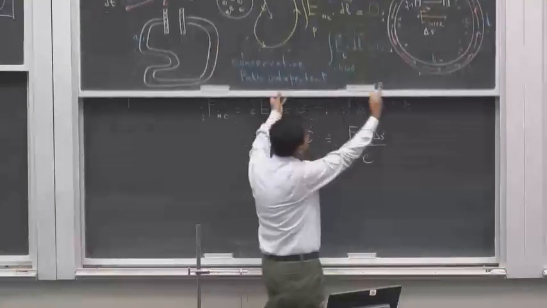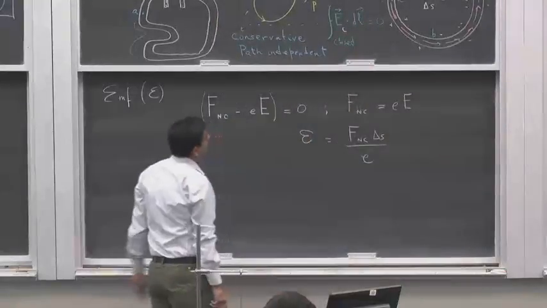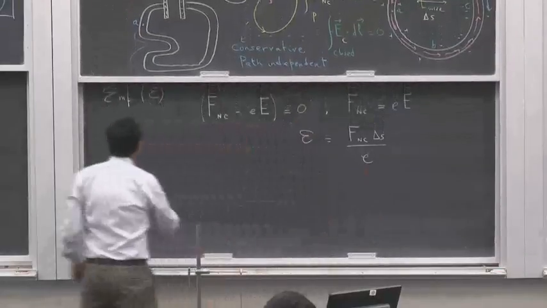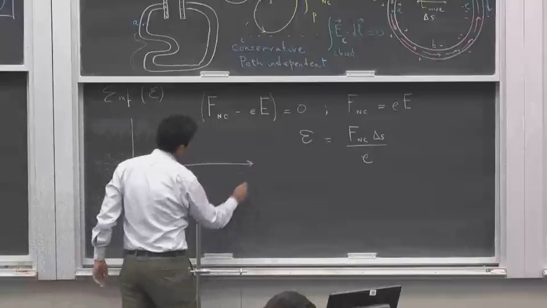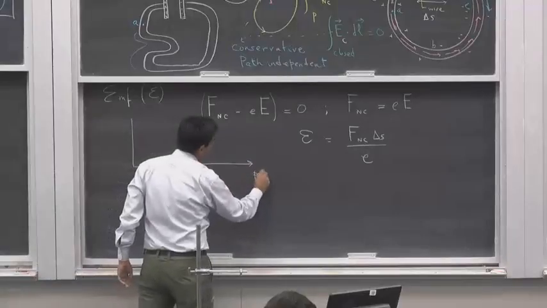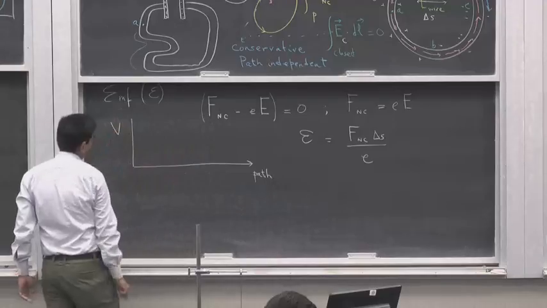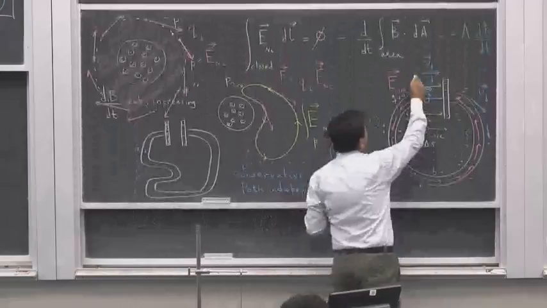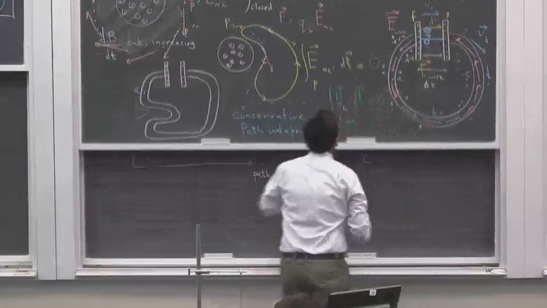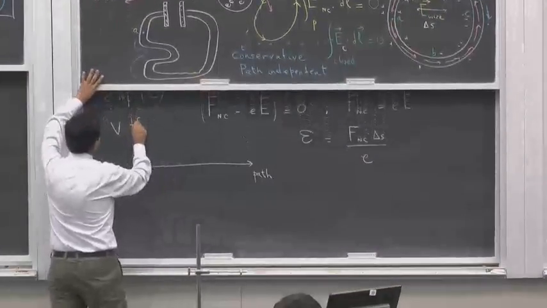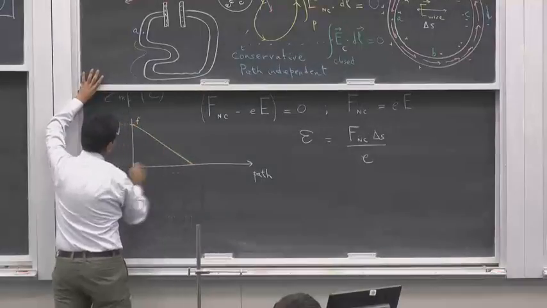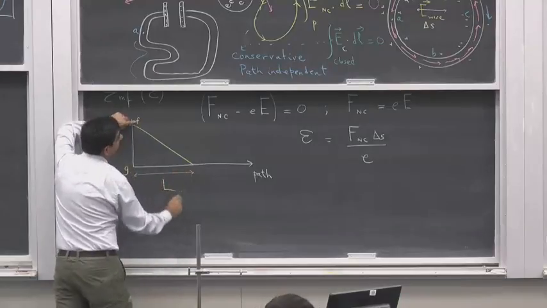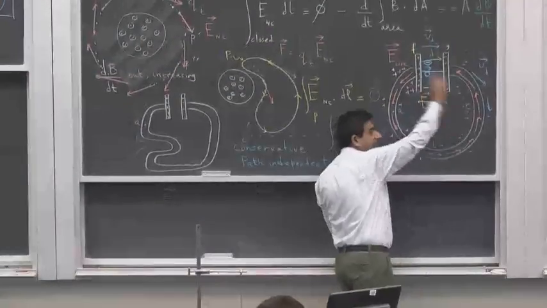So what's happening around this circuit is that if I were to draw how the potential changes along a path in the circuit, let me call this terminal of the battery F and this one G. At F, you start off at some potential, and you drop down to 0 at G. This distance is capital L, the entire length of this circuit.